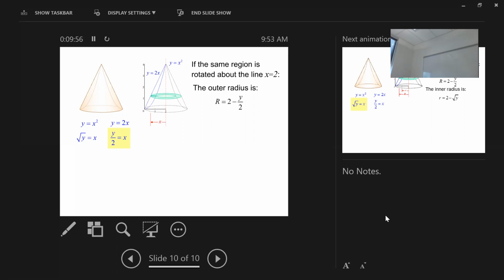We're going to do right, take away left. So the outside radius, right, take away left, would be the line x equals 2, and it's going to be 2, take away that line: 2, take away y over 2.